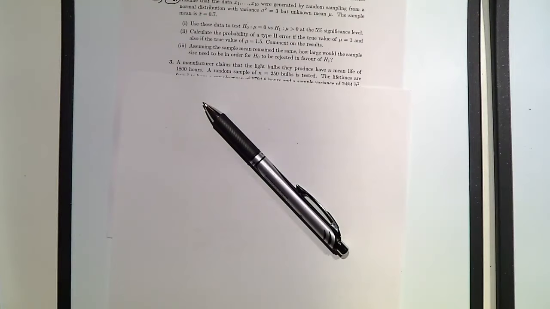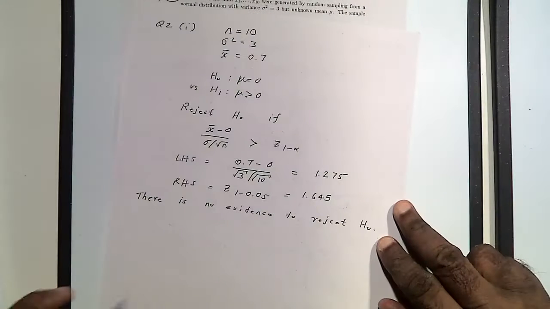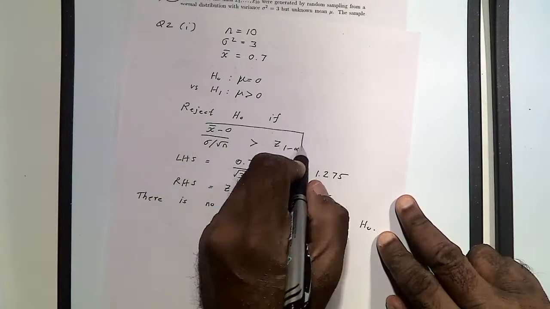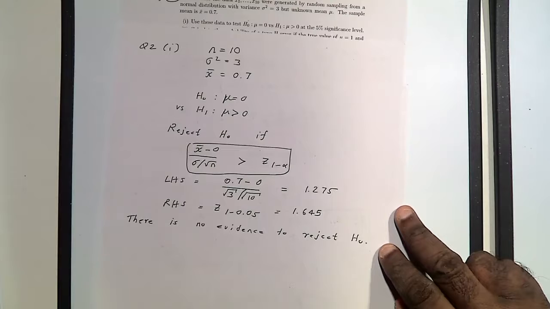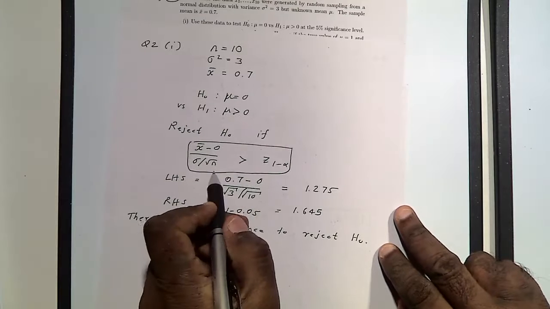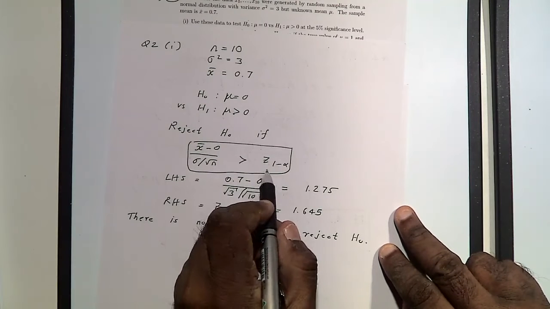Remember, this is the rule for rejecting the null hypothesis in part 1, and the question is how large n should be so that this rule is satisfied.